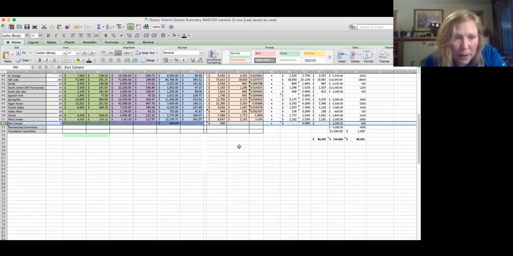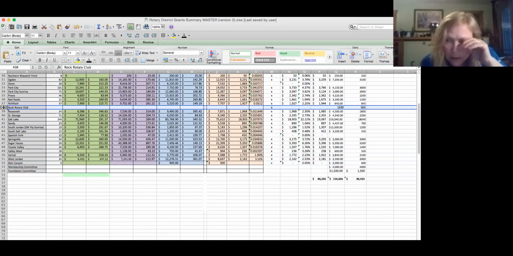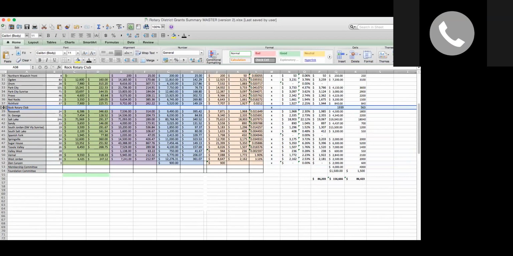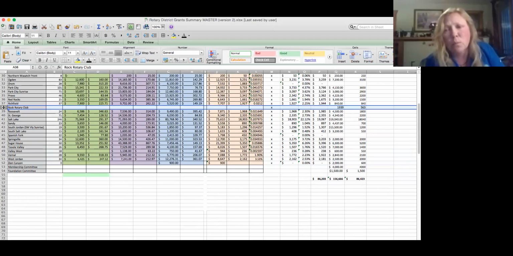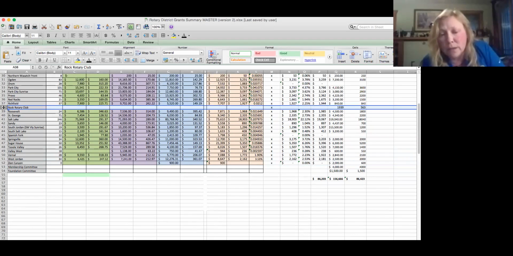self-perpetuating thing. And then let's see, up here, we also had Rock Rotary Club, and Rock Rotary is a new satellite club of the Murray Club. Now, technically, how a satellite club works is that they are a part of the main club. And so at the Rotary Foundation, all donations made by Rock Rotary members are recorded as Murray Club members.